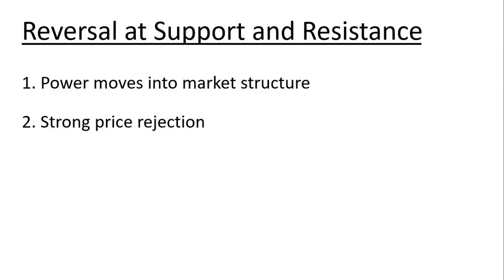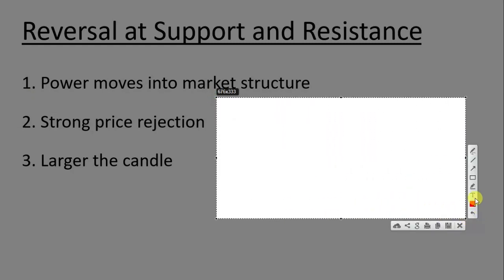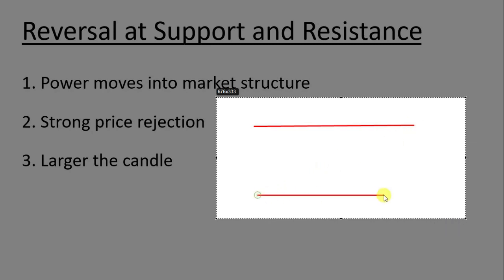Okay, and number three is a larger candle at the support and resistance. Again, same thing here. This is a level, and I'll show you a few examples. This is a level and it's moving something like this, small candles. But at the end you saw a strong candle.